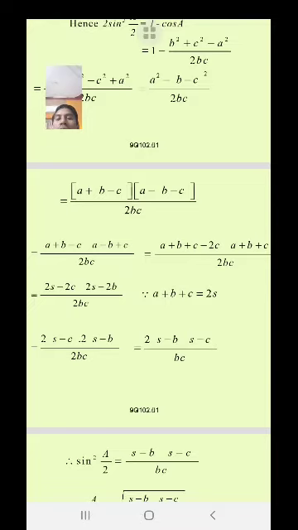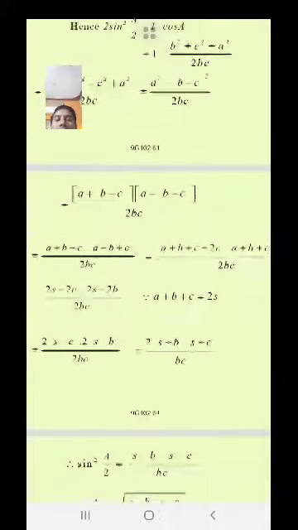If we take 2 common from the first factor and second factor, we get 2 of (s minus c) into 2 of (s minus b). In the denominator also we have 2. So 2 gets cancelled, and one more 2 is there in the numerator. So we write it as 2 into the remaining factors, (s minus b) into (s minus c), by bc.